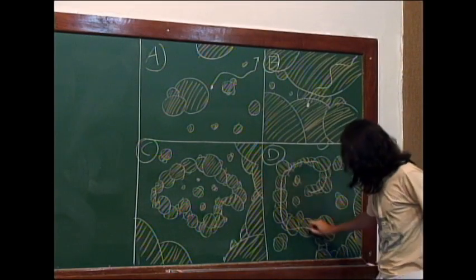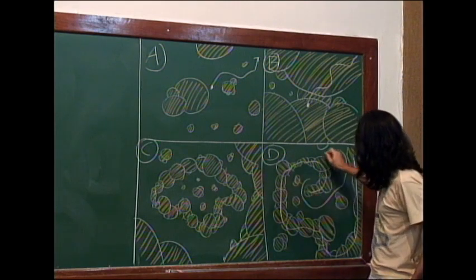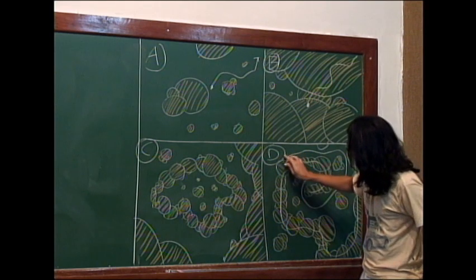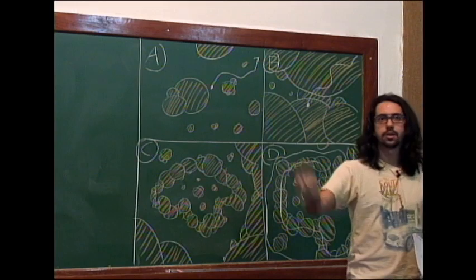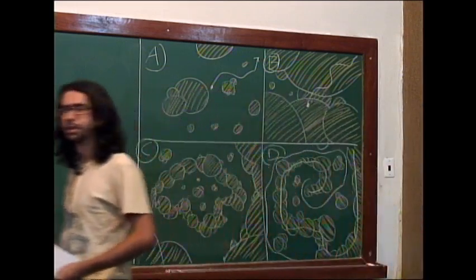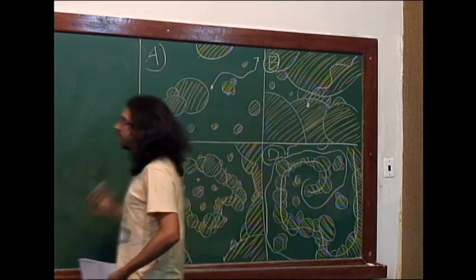This is this picture here. There could be an infinite occupied component and an infinite vacant component, living together. And they have to kind of spiral somehow. It's very strange. That could happen. So this is D.